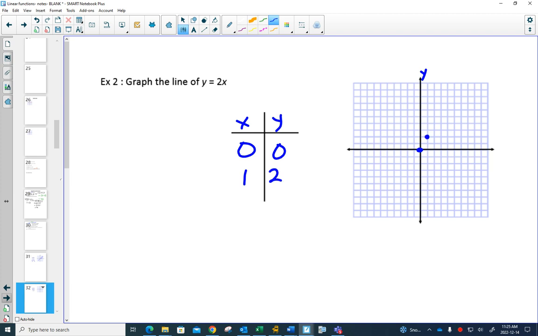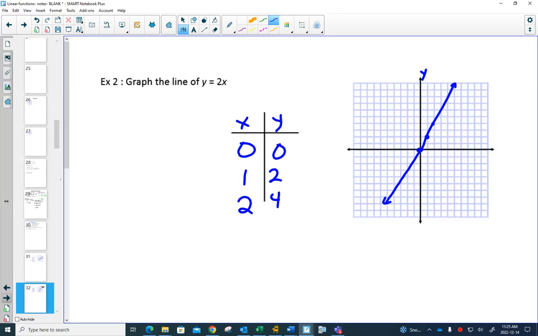What number do we want to put in next? 2? Okay. What happens if you put in 2? You get 4. Do they look like they're making a straight line? So you draw with your ruler a straight line through them all, add arrowheads on the end, and we have our graph.